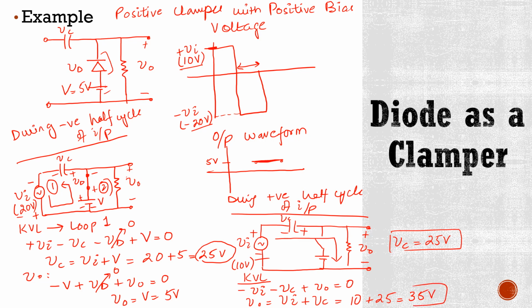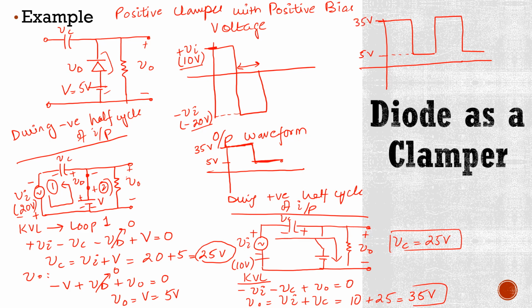So how you are going to draw this waveform? It is drawn something like this. And here I don't have enough space. It means this amplitude is 35 volts. Okay. And if I draw this output here, it is like this. And for another cycle, this output will be like this. Okay. Now this point is 5 volts and this is 35 volts.